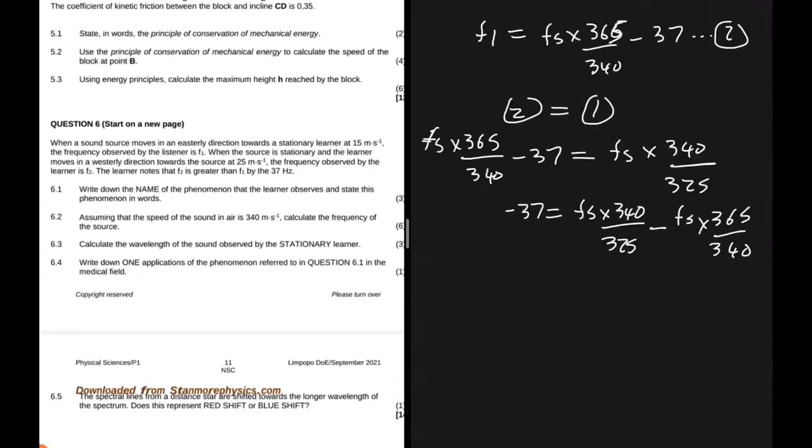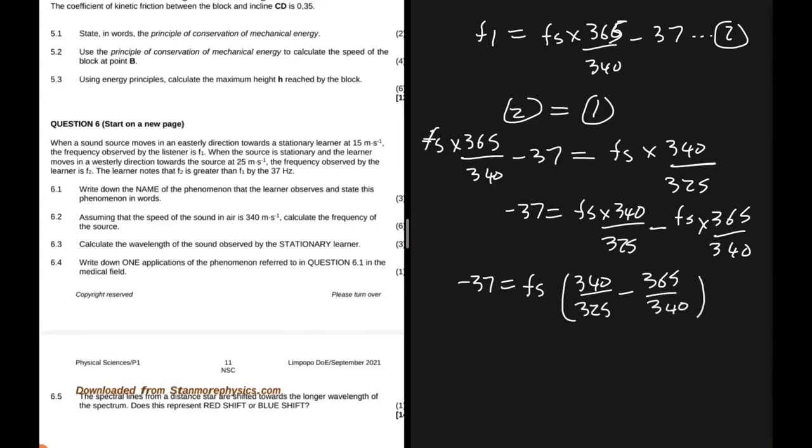So if we take Fs as the common factor on the right hand side, we're going to get minus 37 equals Fs multiplied by 340 divided by 325 minus 365 divided by 340.